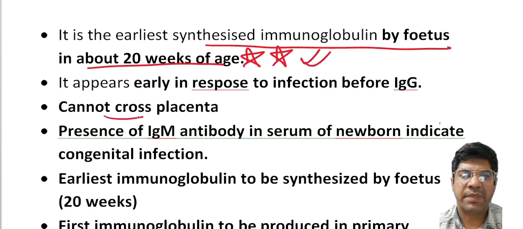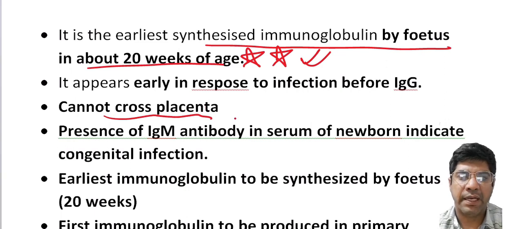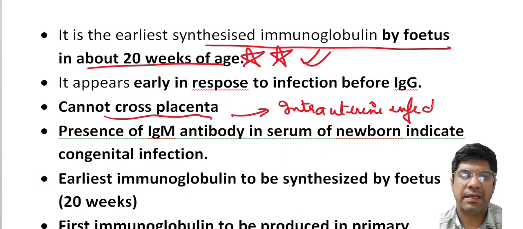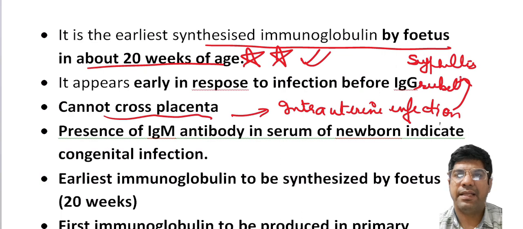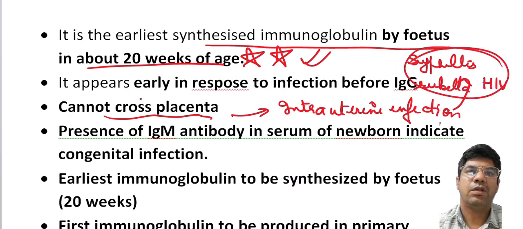It cannot cross the placenta, and its presence in the fetus or newborn can indicate intrauterine infections, making it a useful diagnostic in congenital infections like syphilis, rubella, and HIV infections.